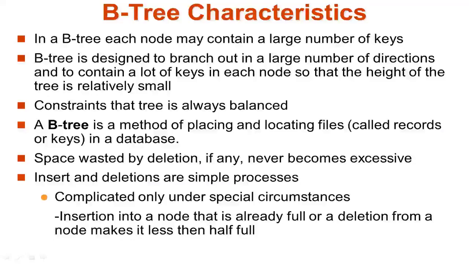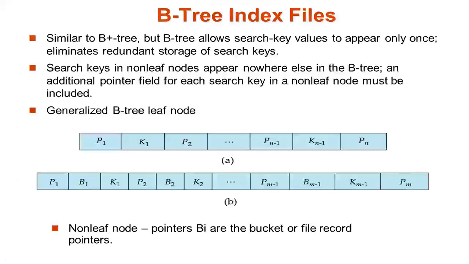Then this is the B tree index file. This is the general structure given here. It is similar to a B plus tree, but a B tree allows search key values to appear only once, eliminating redundant storage of search keys. Whatever data is in the search keys will be available in only one place.